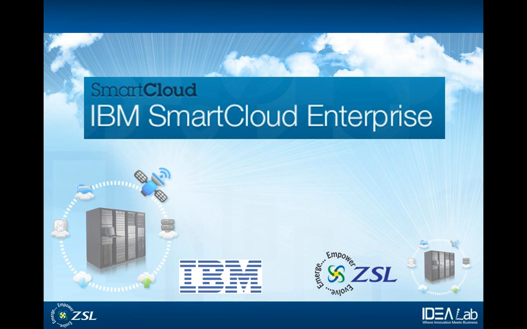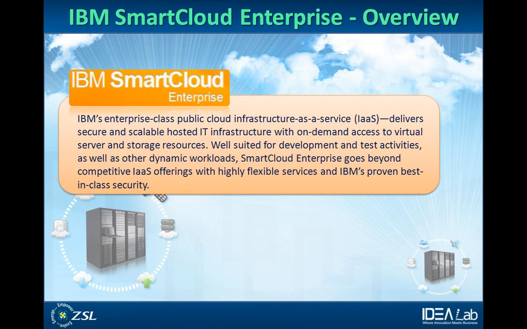So specifically talking about the IBM Smart Cloud Enterprise offering. It's a public infrastructure as a service offering which delivers secure and scalable IT infrastructure. It's available on demand across the globe. It is also able to provide server and storage resources, and is well suited for test and dev, as well as dynamic workloads which need to scale up and scale down as demand ebbs and flows.